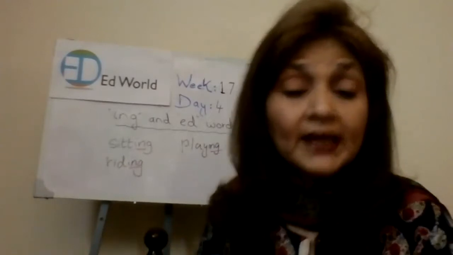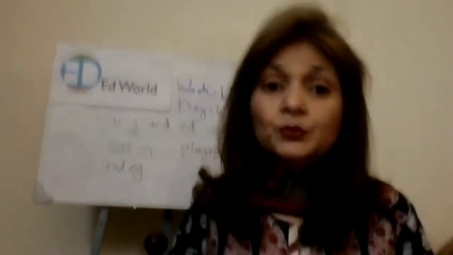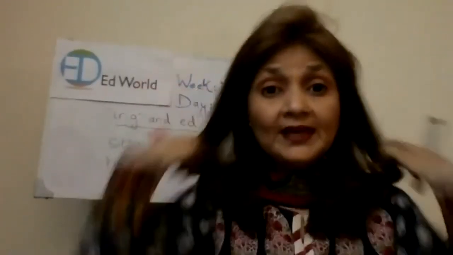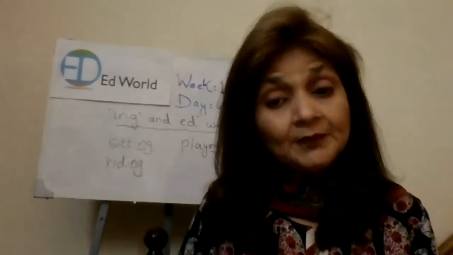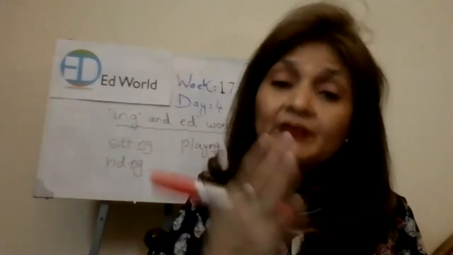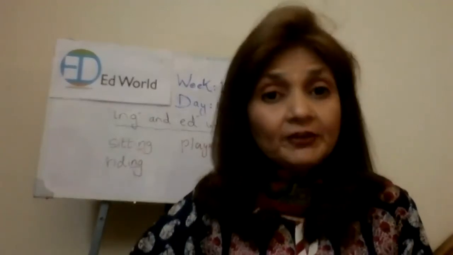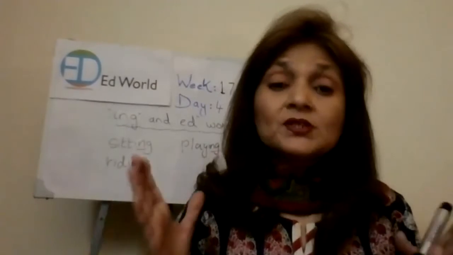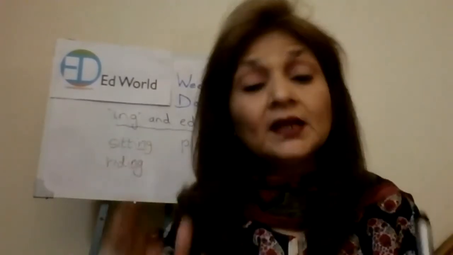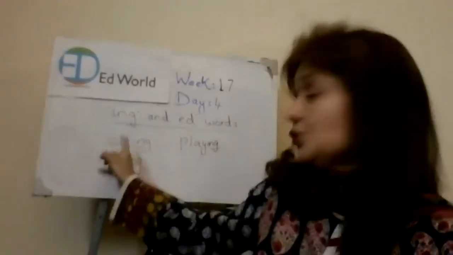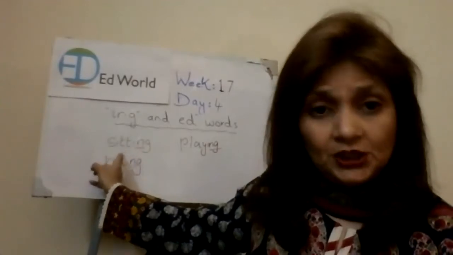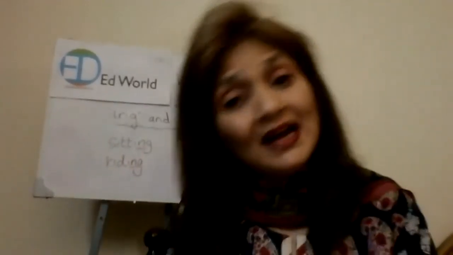Because you were looking at the picture, and then you were describing the picture. You were looking at the picture and telling what is happening right now in that picture. So that means that whenever you are talking about something that is happening right now, you are going to use ing.